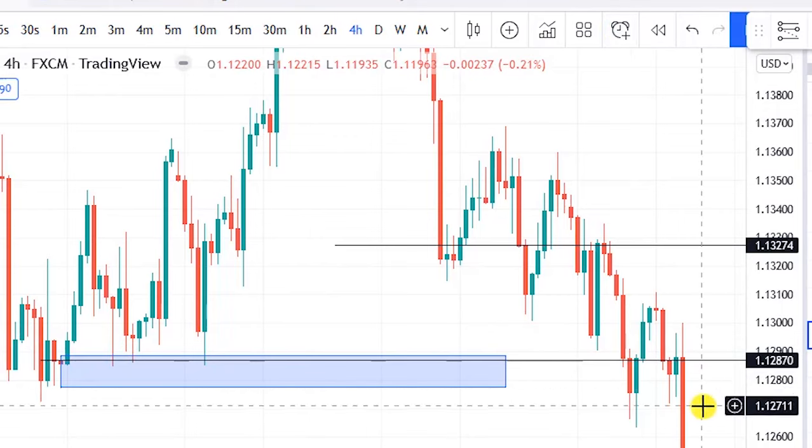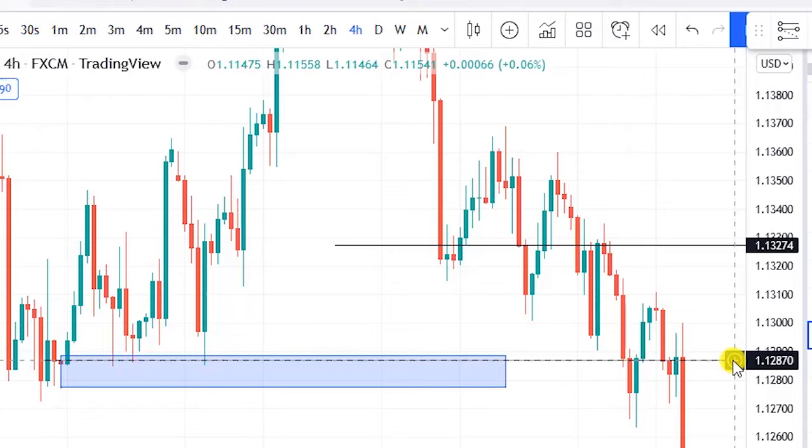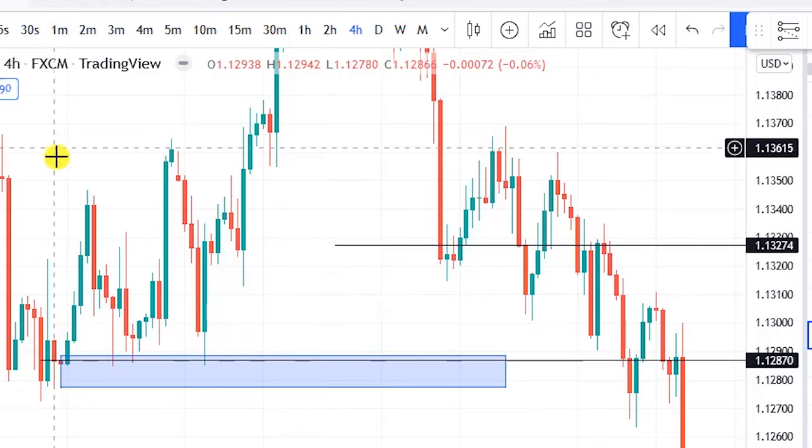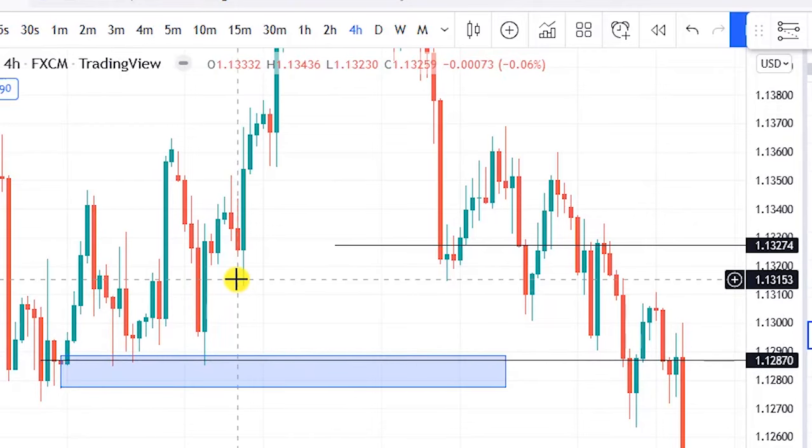It will cost just 1.2870, which is lower than this one. So it therefore means they will get it at a lower price. It therefore means they will buy at discount pricing at this zone.